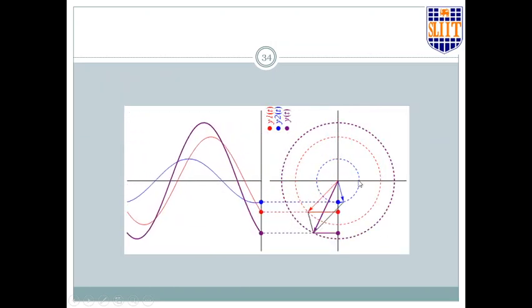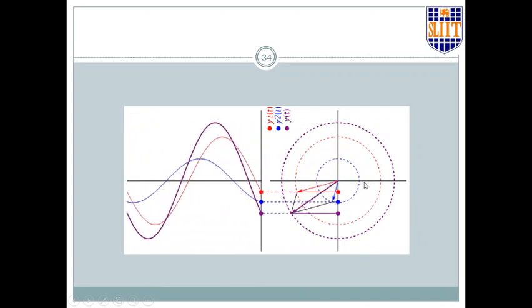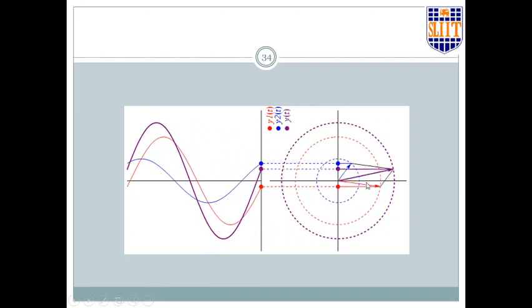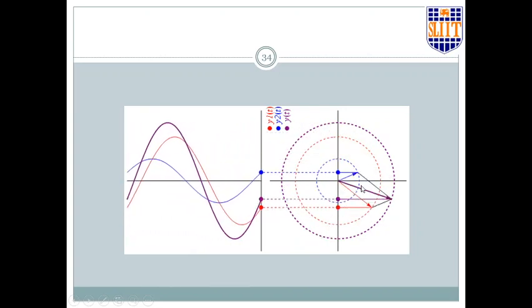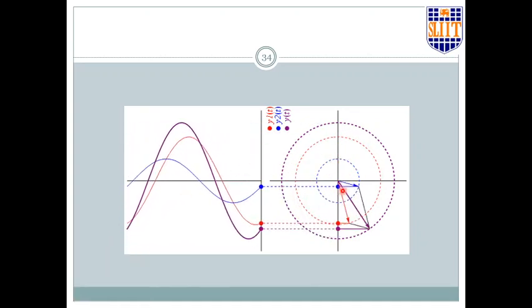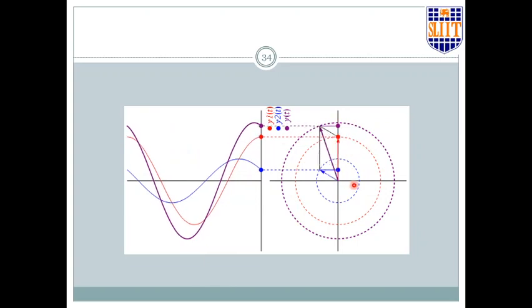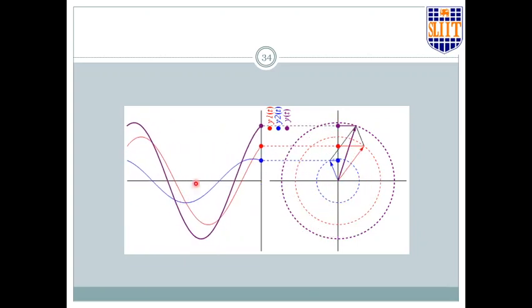If you just pause at this one point, that is referred to as a phasor diagram. We'll come into phasor diagrams a little later on, but for the moment you can see that a set of rotating phasors can be used to represent a set of sinusoidal waveforms.